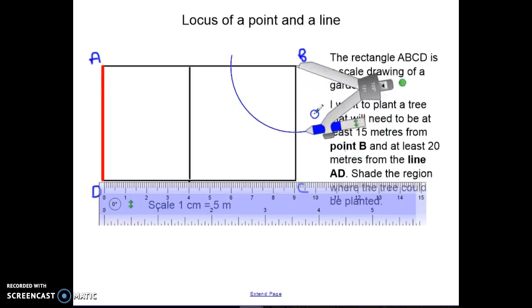I don't need to draw the whole circle because I'm only interested in the part of the circle that sits within this rectangle. So let's have a look at what we've got so far.